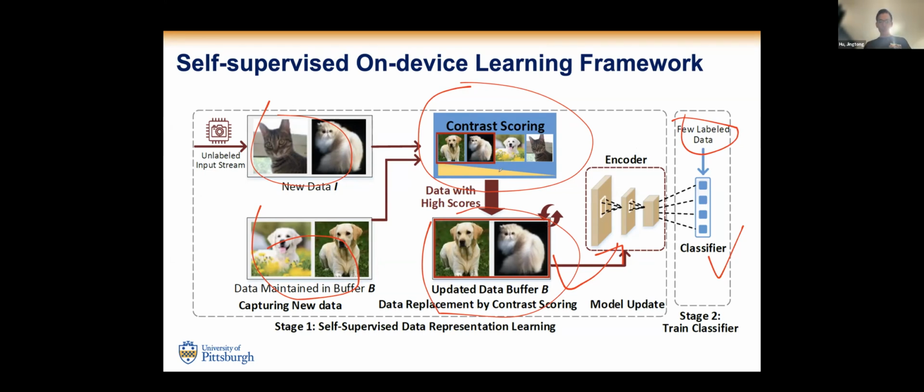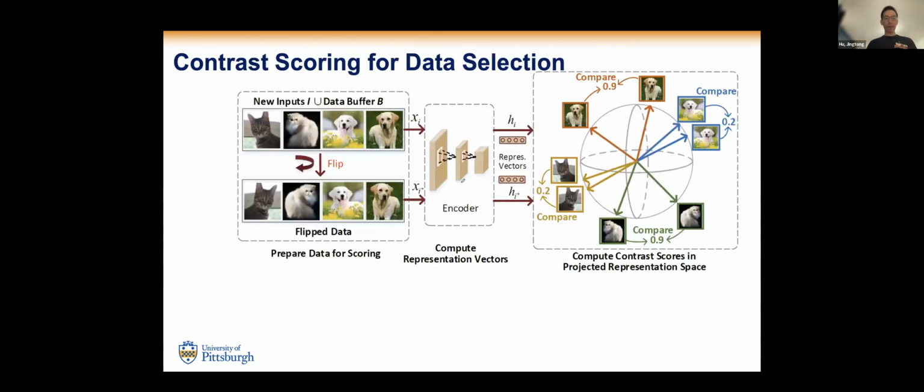So then the question is, how do we define this contrastive score to know what is the most representative data, or what data we really need to learn from, and what data we don't need to learn from? The idea of the contrastive score is this. For all the new data and the data in the buffer, we do a simple flip.